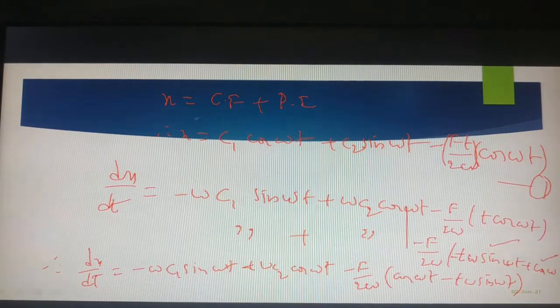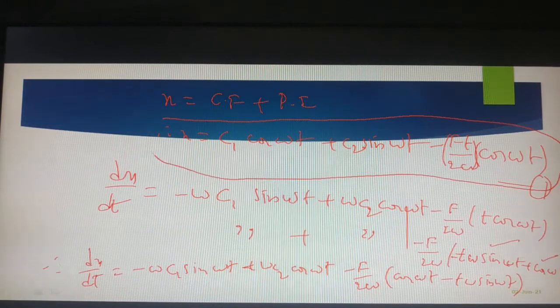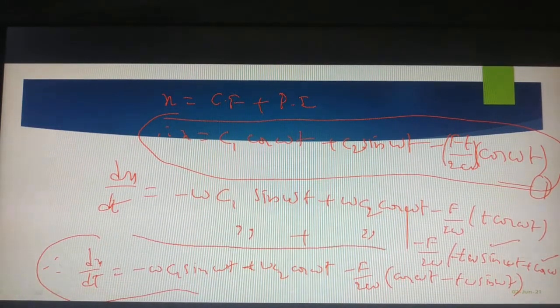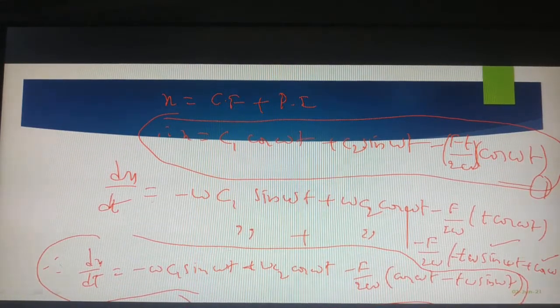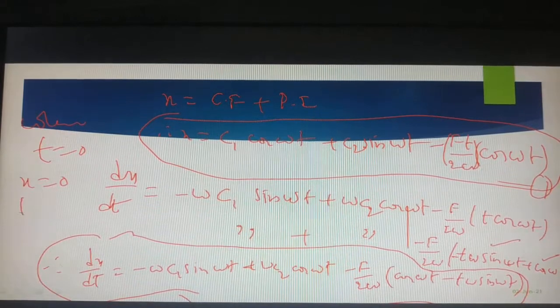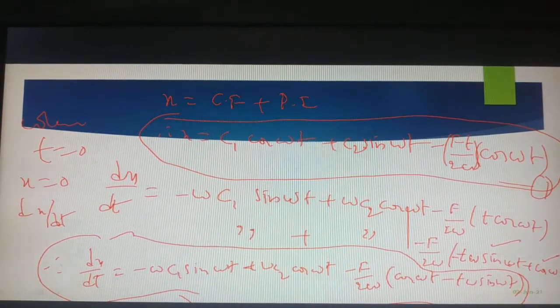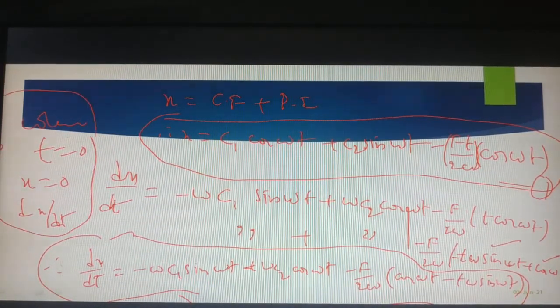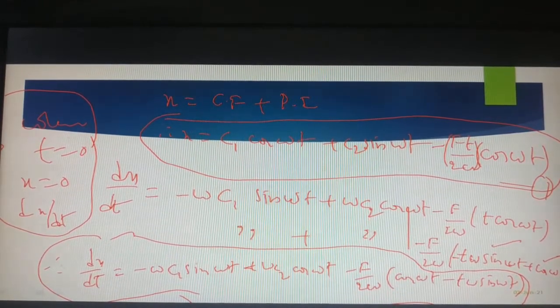So we have dx by dt and we have x also. These are two important equations to apply your initial conditions. This is our basic idea. What initial conditions are given here? When t equal to 0, x is 0 and dx by dt is also 0. This is what was given in the problem. So we will substitute these values in the equations.